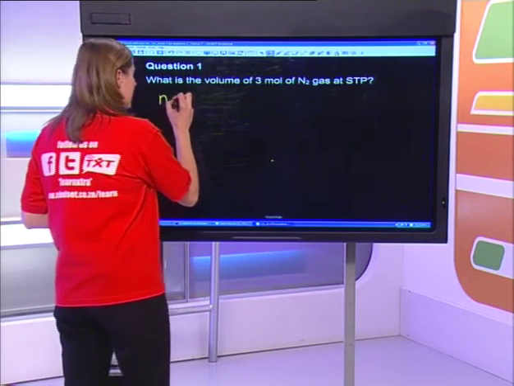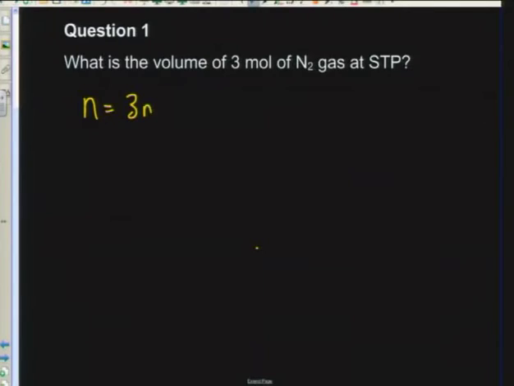But we could also work with this equation that I have just worked with you. We've got the number of moles, we've got the molar volume, and that was 22.4 dm cubed. Okay, moles per dm cubed.